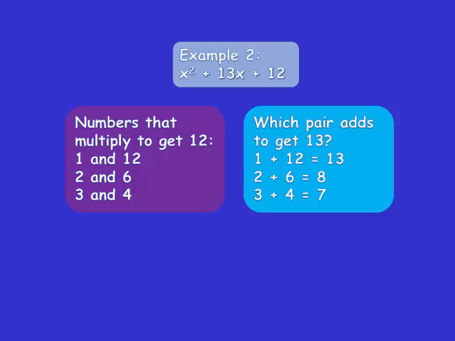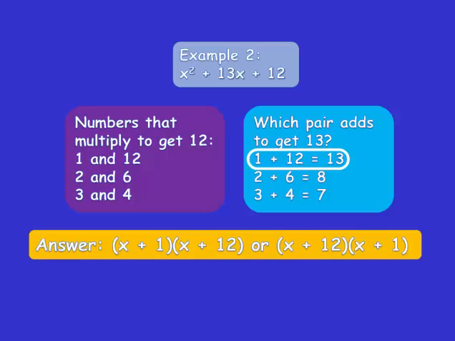Which pair adds to get 13? 1 plus 12 equals 13, 2 plus 6 equals 8, 3 plus 4 equals 7. 1 plus 12 equals 13. So our answer is either x plus 1 times x plus 12 or x plus 12 times x plus 1.